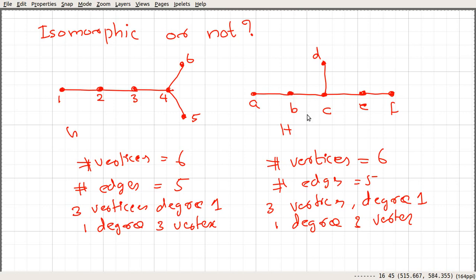This is C, and 2 vertices of degree 2, 2 and 3 here, and similarly here also we have 2 degree 2 vertices.